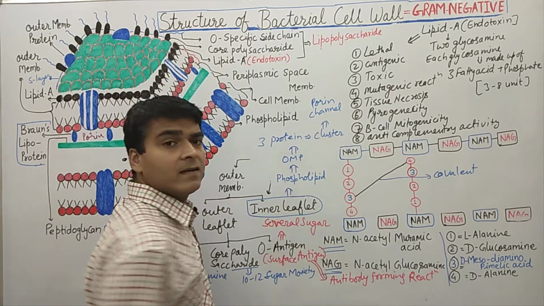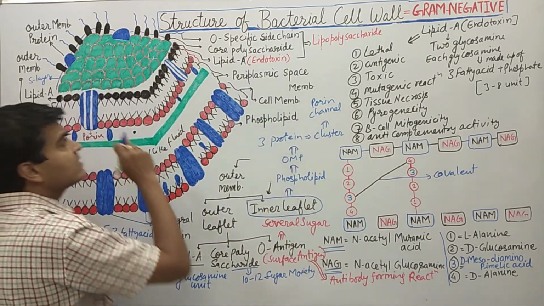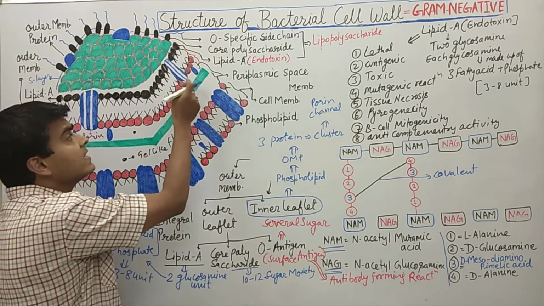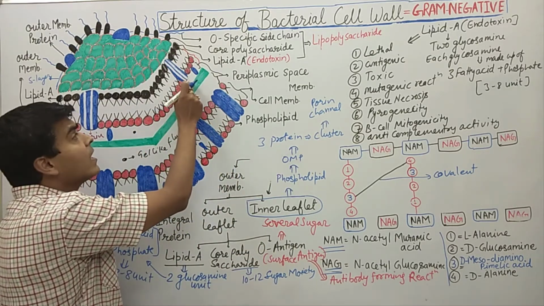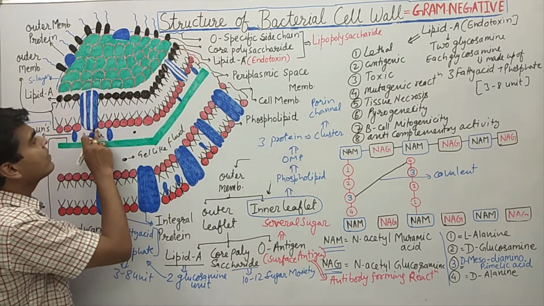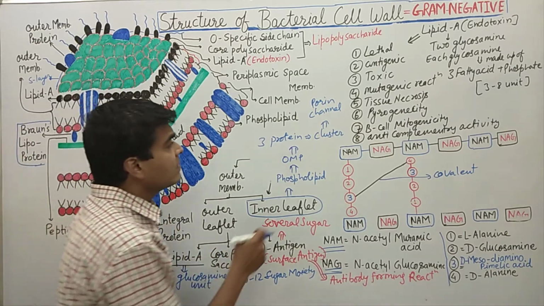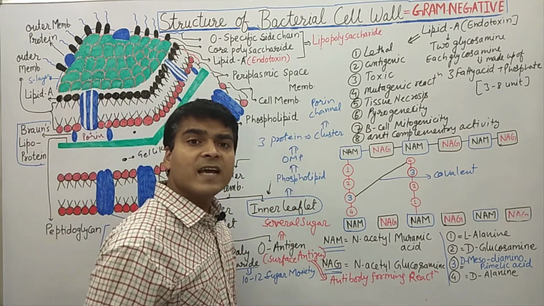And what is the function of the Porin channel? Just look at the structure of the Porin channel. Here 3 outer membrane proteins are making a cluster and they are making a Porin. Here also 3 outer membrane proteins are making a cluster. Clear everyone? So what is the function of the Porin channel?